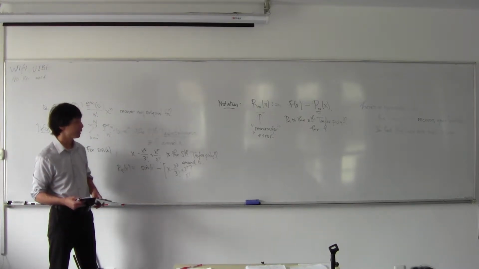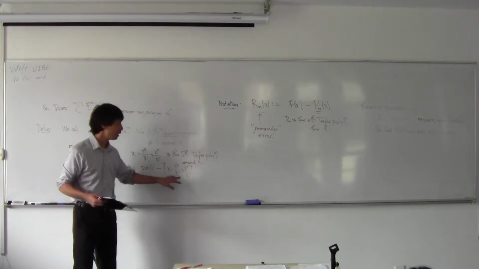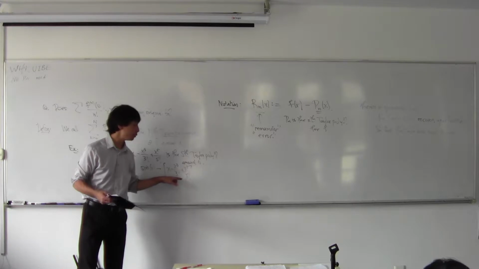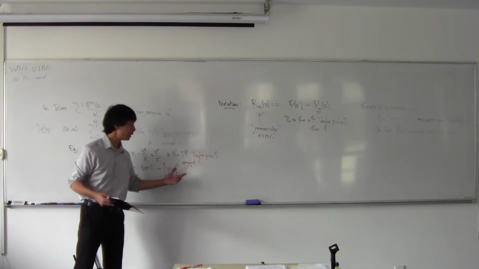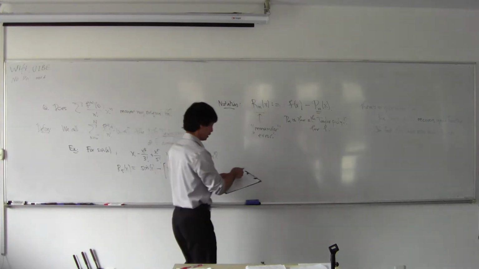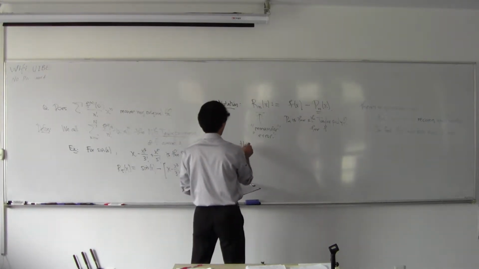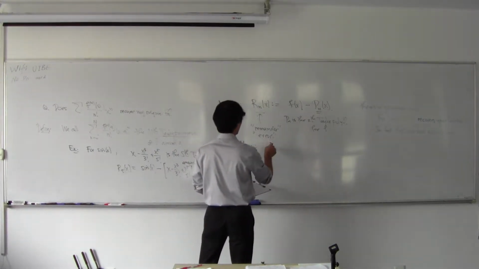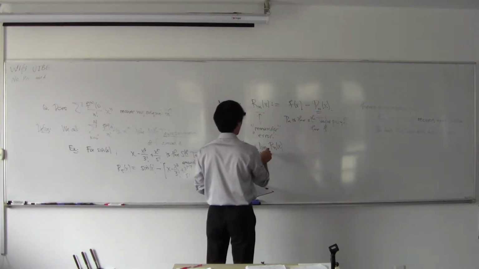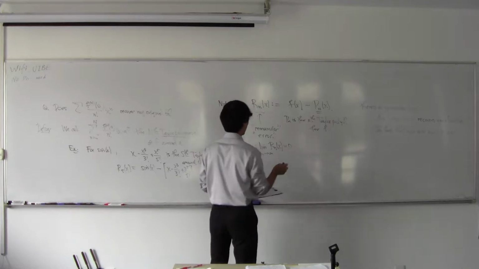Okay. What you're hoping is that as you take more and more polynomials, as your polynomials get longer and longer, the error gets small. Your hope is that the remainder, as n goes to infinity, goes to 0.